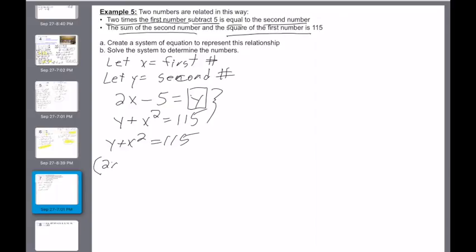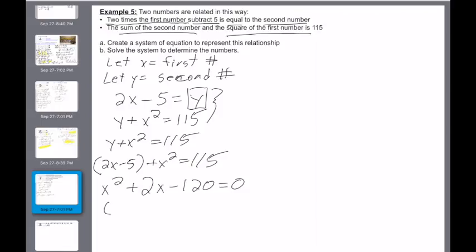Wherever I see the y, I plug in my 2x minus 5, plus x squared equals 115. We end up with x squared plus 2x, and bring this 115 over by subtracting it, so minus 120. Notice how I'm already setting it up as x squared plus x plus our lone constant. It just speeds things up a little bit when we need to factor.